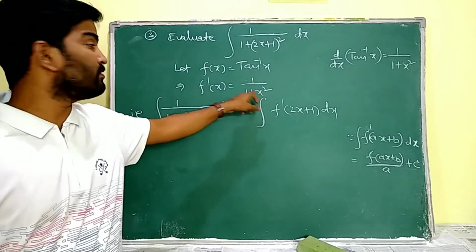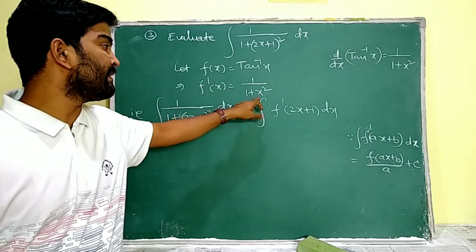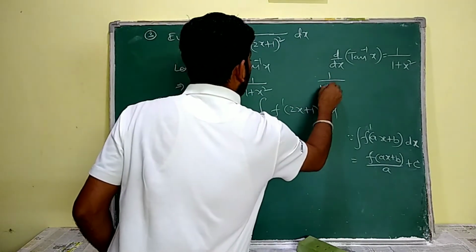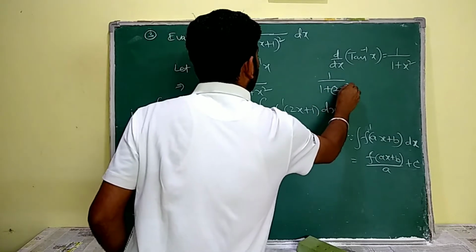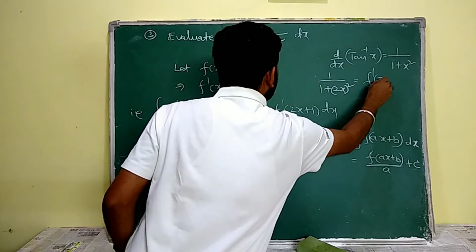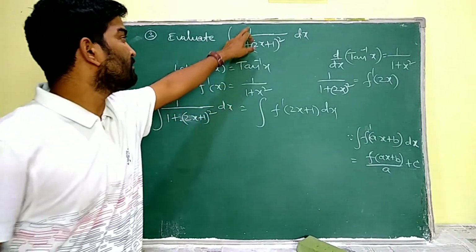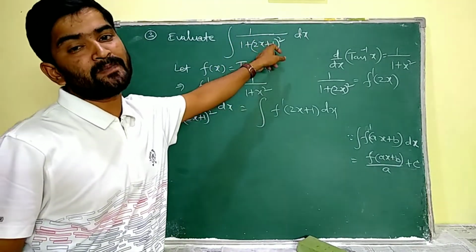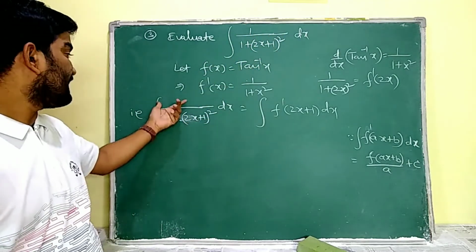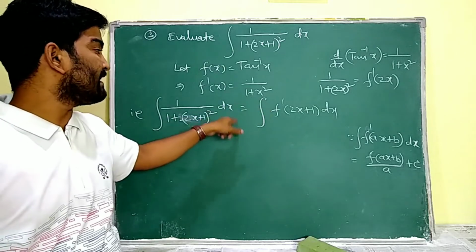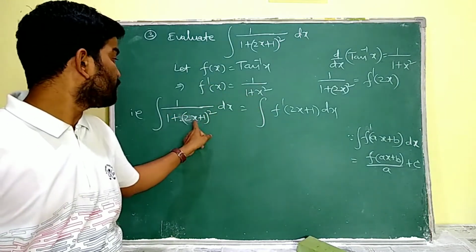Here I am having x, so it is f dash x. If I am having 2x, see ma, 1 by 1 plus (2x) whole square, this can be expressed as f dash of 2x. Understand? But here in the question I am having 1 by 1 plus (2x plus 1) whole square. So the given question will be rearranged as integral f dash of 2x plus 1.